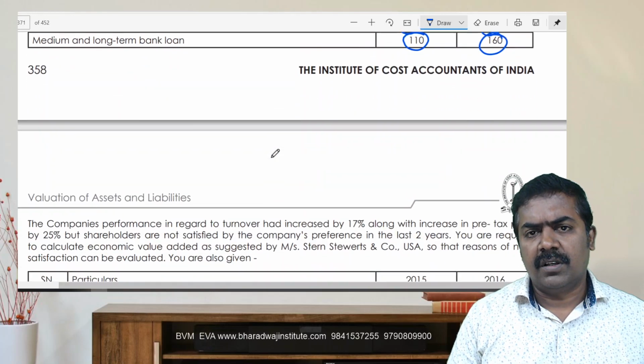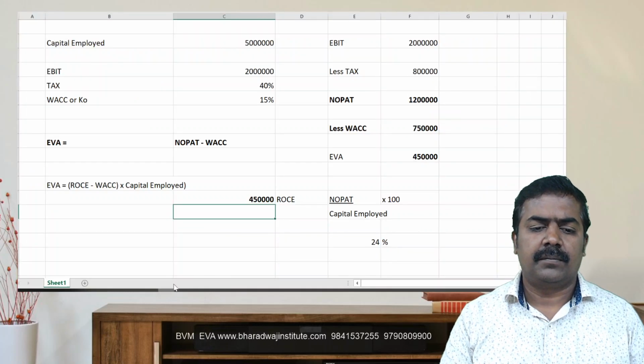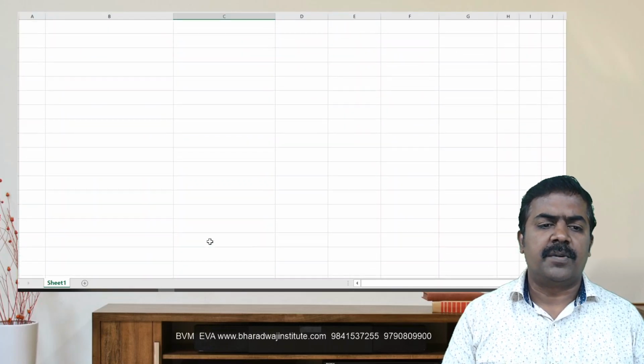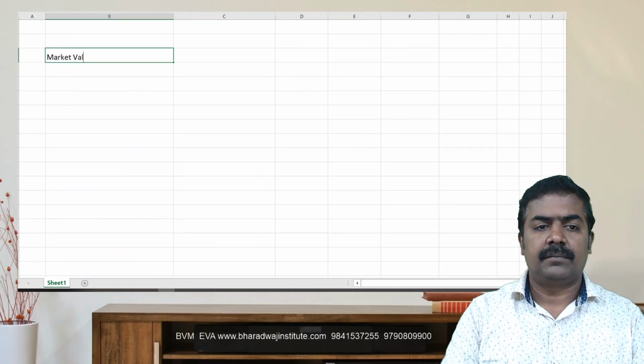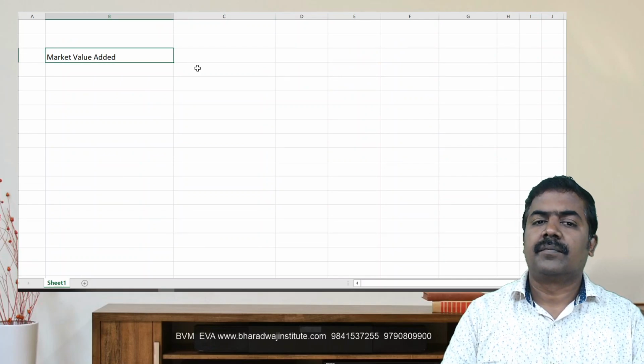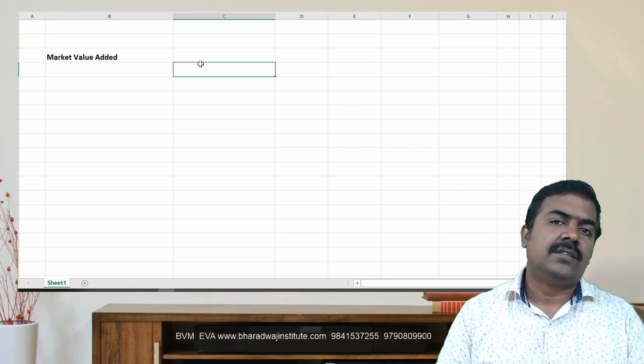Next concept is small and very simple to understand. The next concept is called market value added. What do you mean by market value added? Simple.